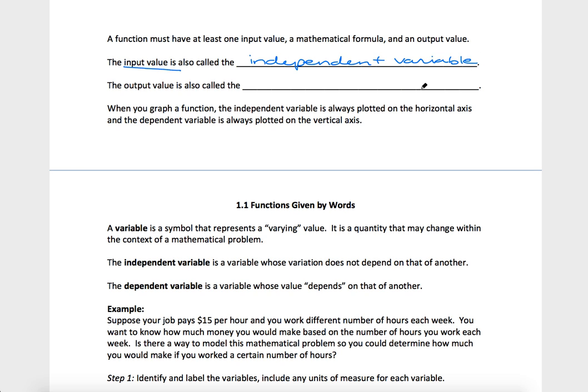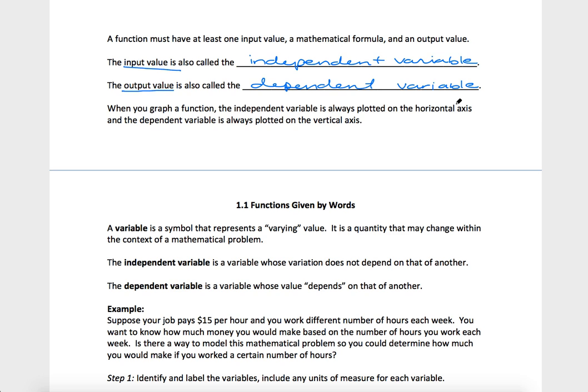Right? What that means is that the output value of a function, right? So what we get out of our function machine depends on what we put into the function machine. Therefore, the output value is the dependent variable, right? So a dependent variable is a variable that changes based on what you put in for the input value.